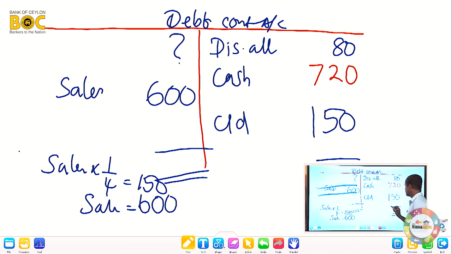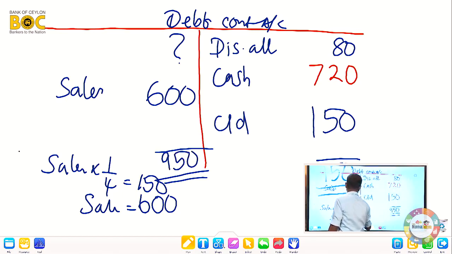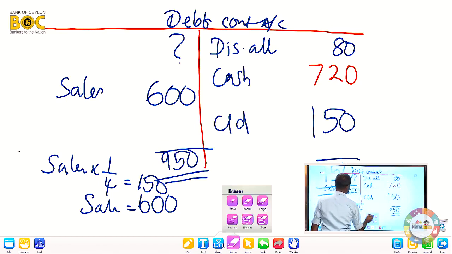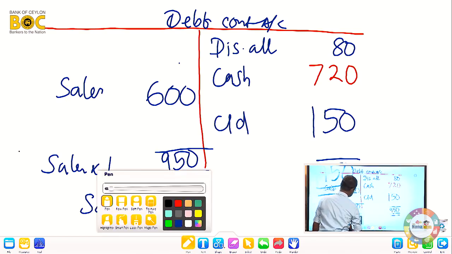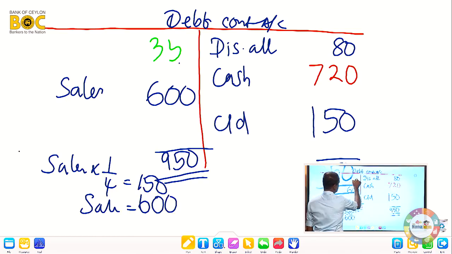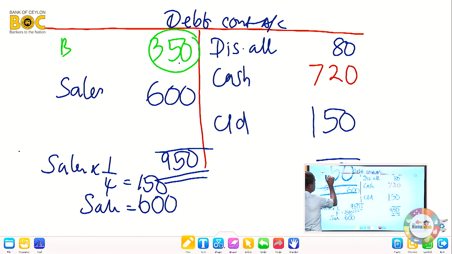Get the addition, here you get 950. You can calculate the missing value. So what is the missing value? 350 is the opening balance. Balance brought forward is 350.